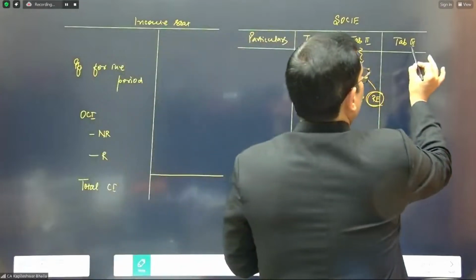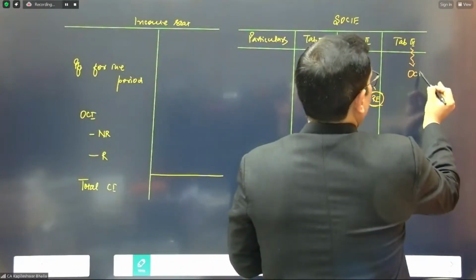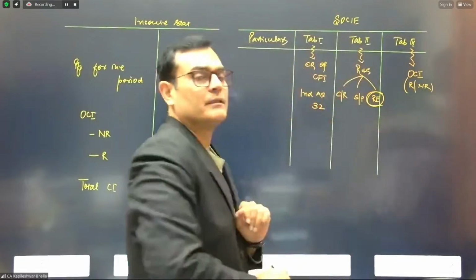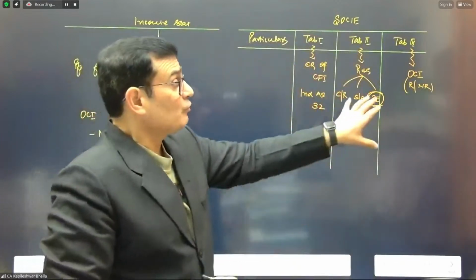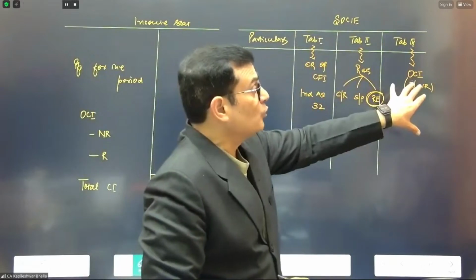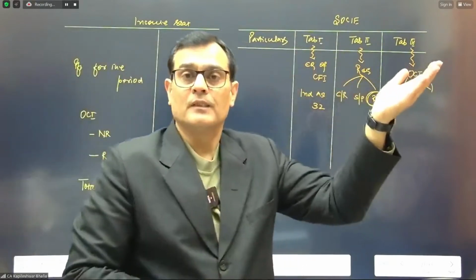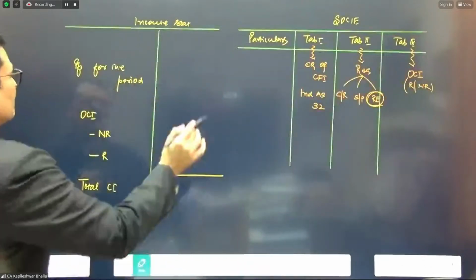And the tab number 3 is whatever enters in the OCI, whether it is R or it is NR, enters in tab 3. So we can say that whatever is taken in the OCI section in the income statement enters the tab 3. Now, let's take some figures to understand this better.